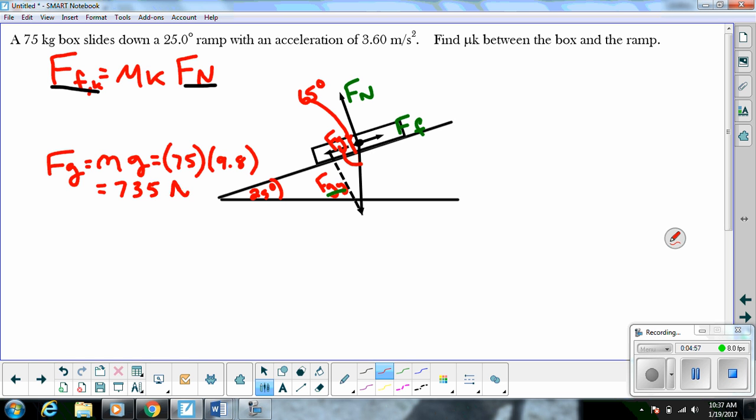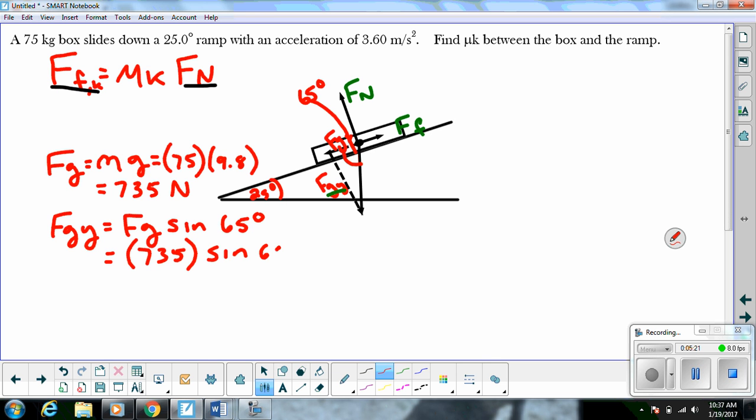What I can do now is find the y component. Force of gravity in the y direction is going to be the force of gravity times the sine of 65, which is going to be the complement of 25. 735 times the sine of 65, which will render a value of 666 newtons.